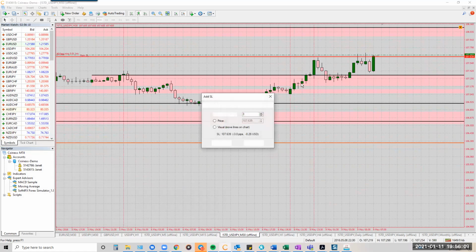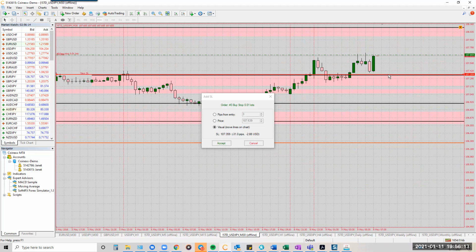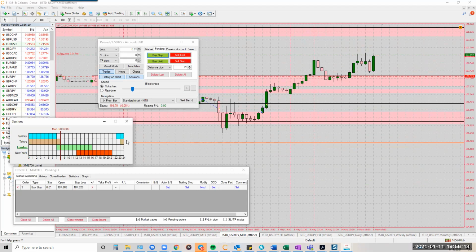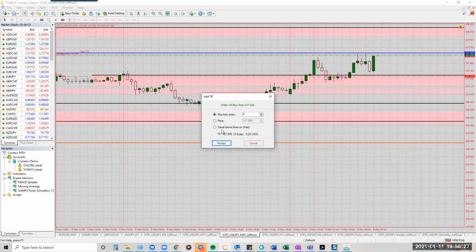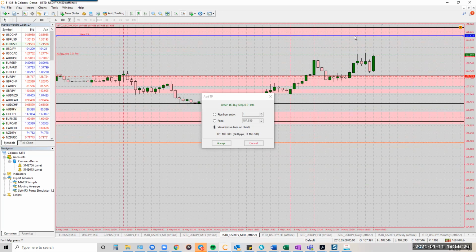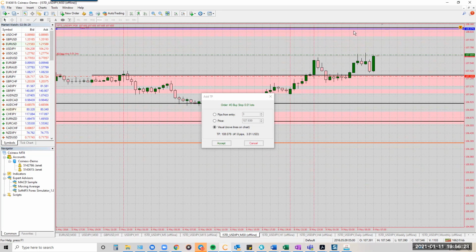Let's do a stop loss of, it's gonna be big. Stop loss is gonna be, I'm gonna take it behind. Very big. Let's do a TP. Let's just take the TP. Let's see how far up it's gonna go. Theoretically, it would go there.